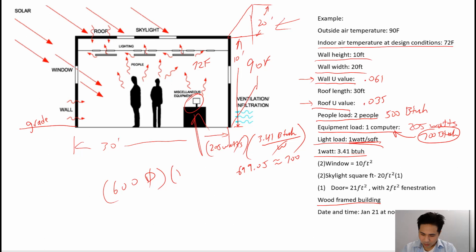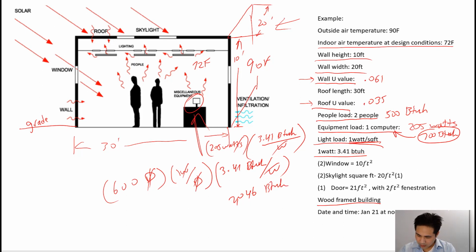Multiply that by 1 watt per square foot, and then we have 3.41 BTUs per hour per watt. So these cancel out, and you're left with 2046 BTUs per hour for the lights. So here we have 2046 BTUs per hour.